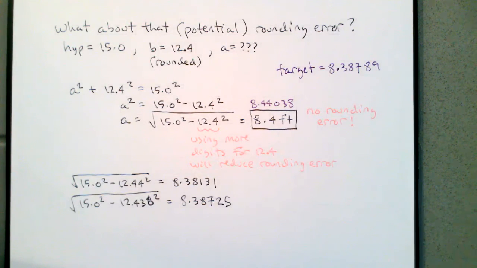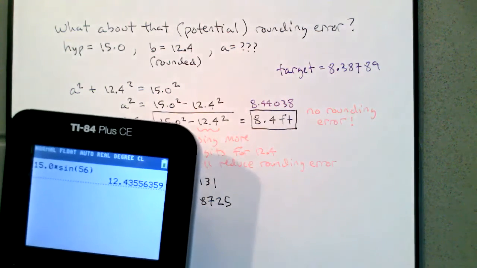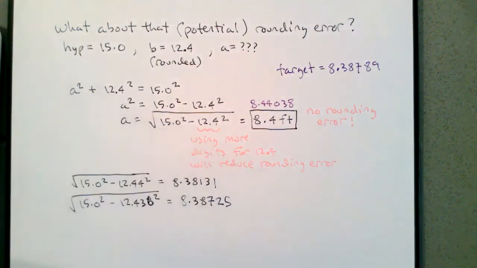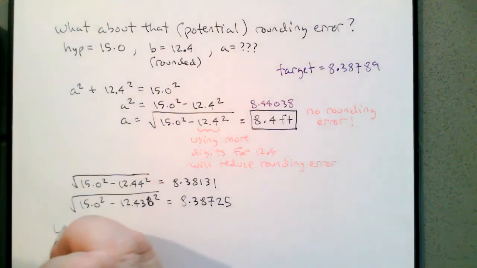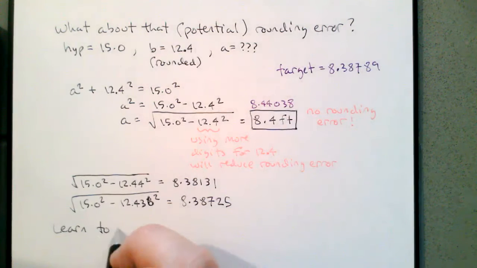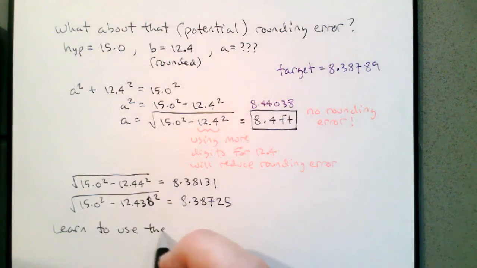The best practice would be to avoid having to use rounded information. Second best practice is to use your calculator's capability. So let's go back to when we first calculated that 12.4, when we did 15 times the sine of 56. We want to learn to use the answer key.